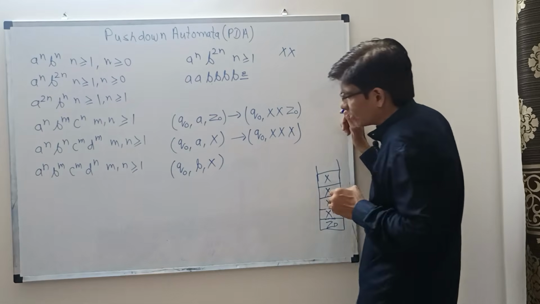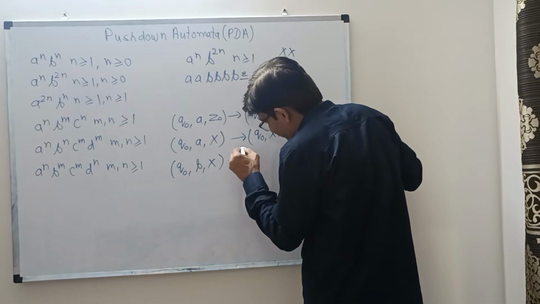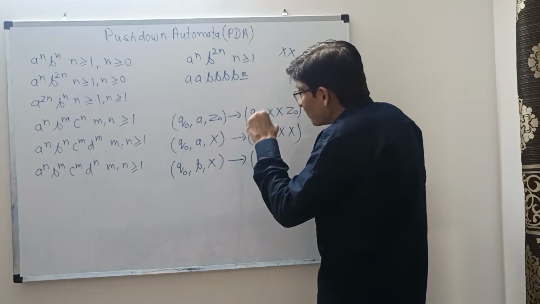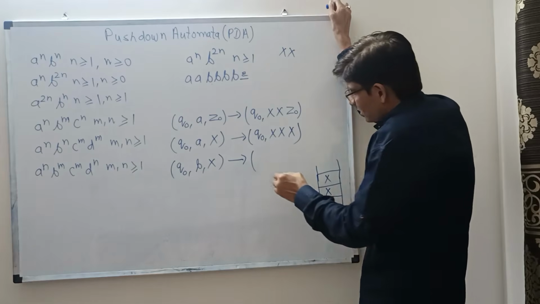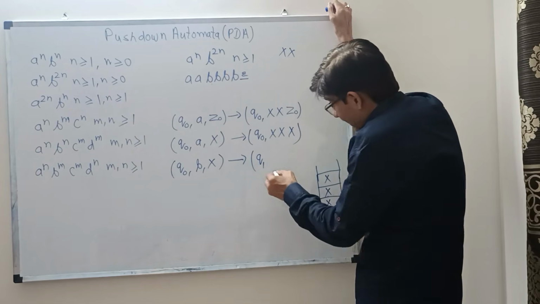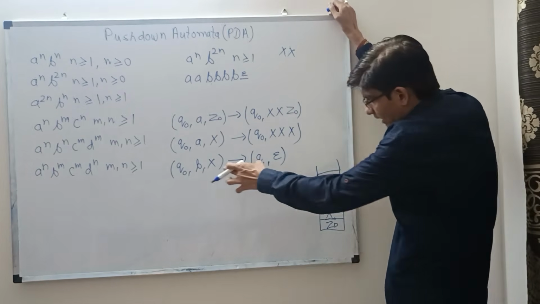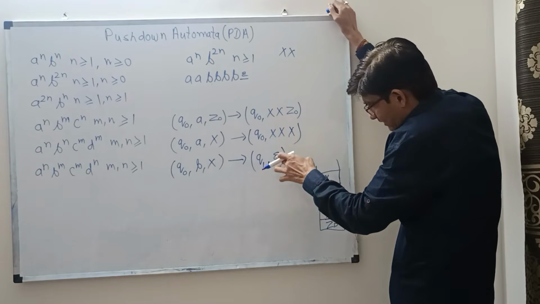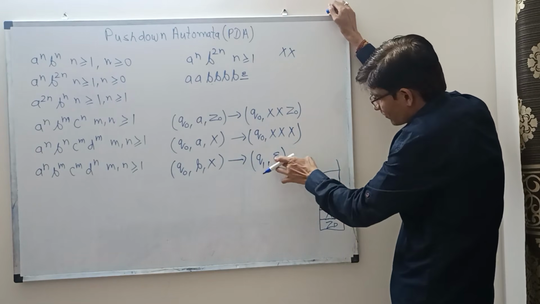Then when we are reading the first B, we will change the state from Q0 to Q1, and we will pop one element from the stack. So according to this logic, we will remove one x from the stack.